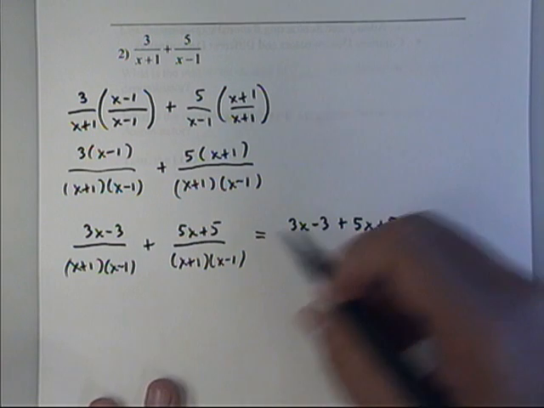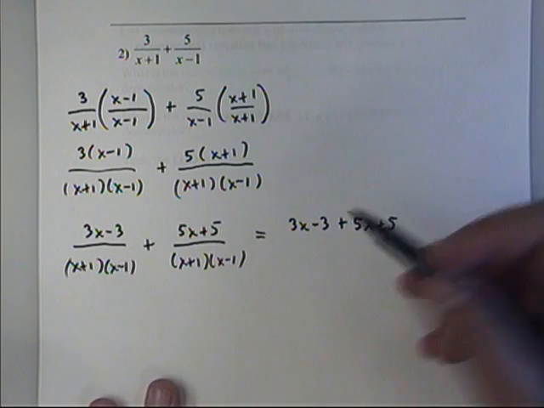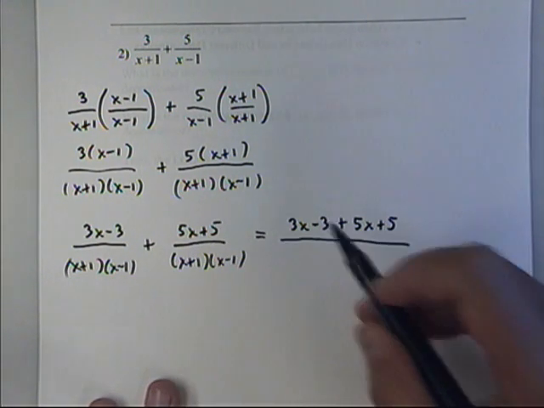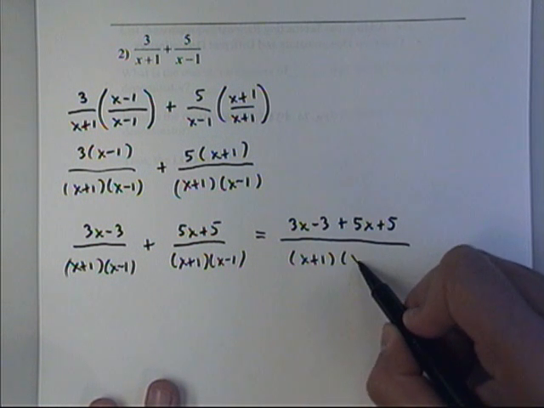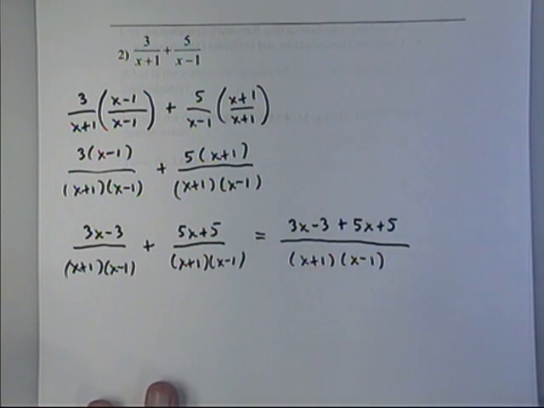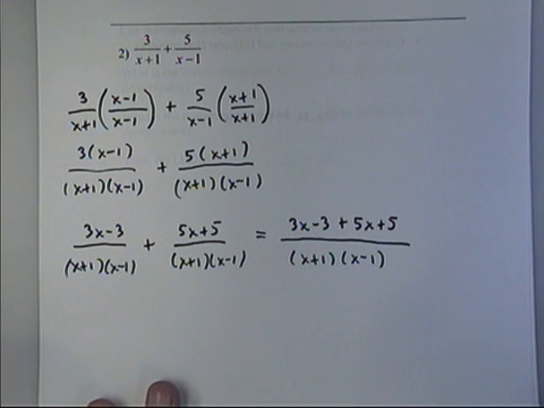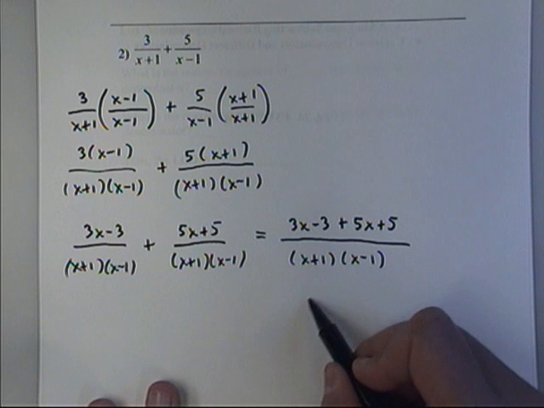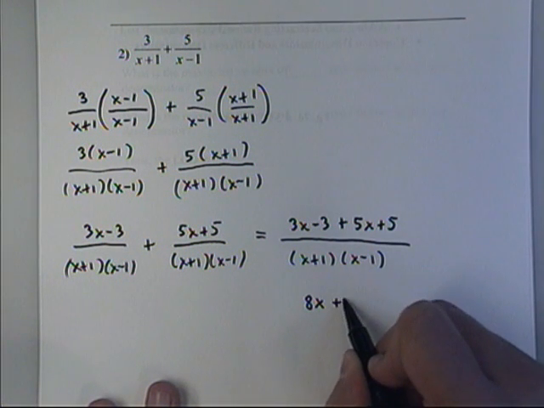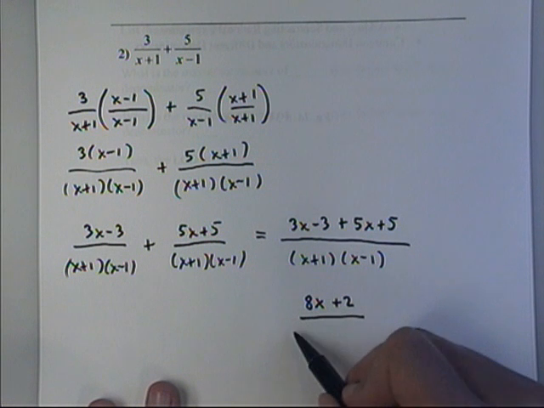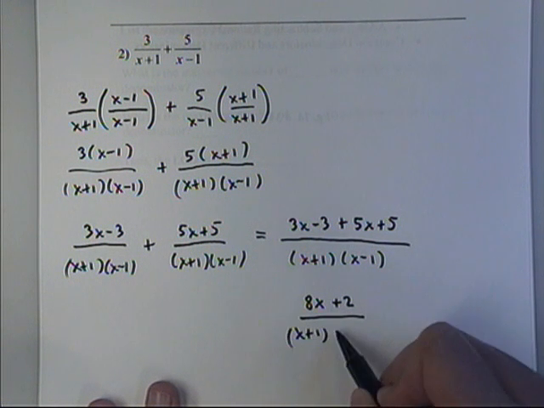Now I don't have to worry about adding both of these, because when you add things, it retains the original sign value, meaning positive or negative. You don't have to worry about it, as with subtracting. Okay, so what do I have here? 3x plus 5x is 8x. 5 minus 3 is 2. And the denominator is still x plus 1 times x minus 1.